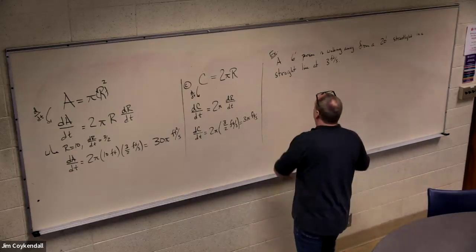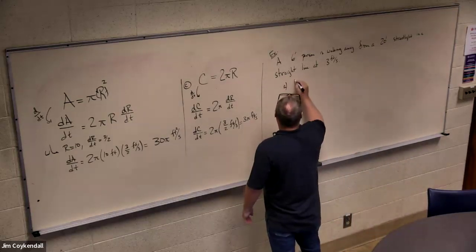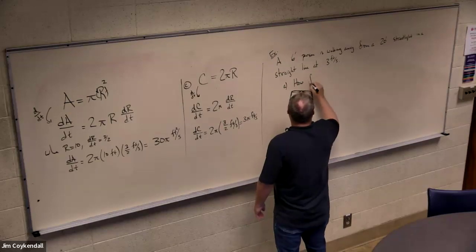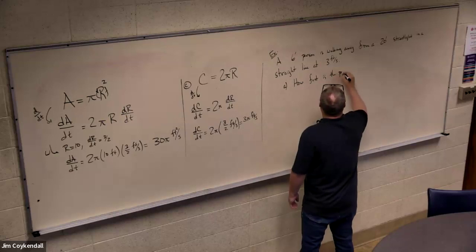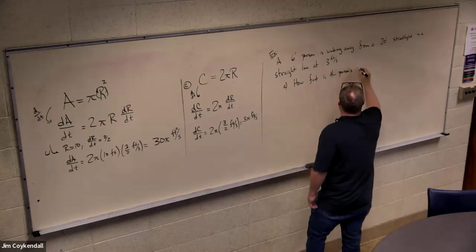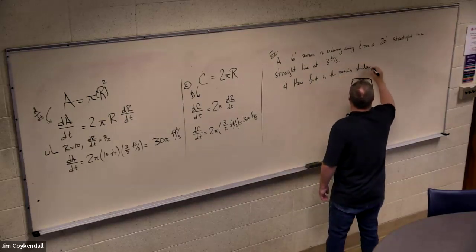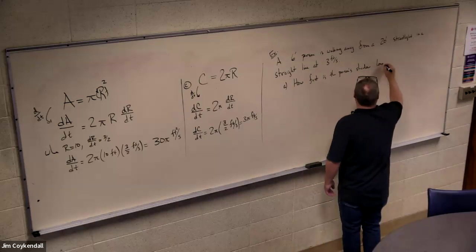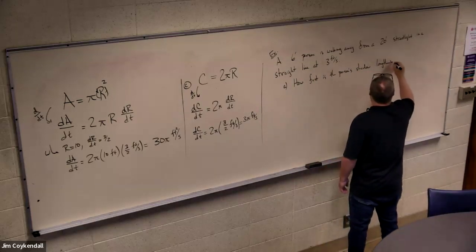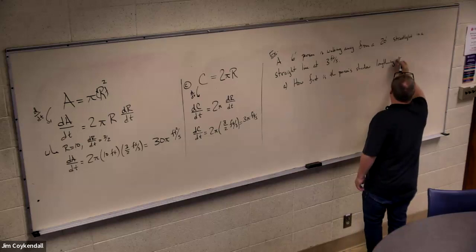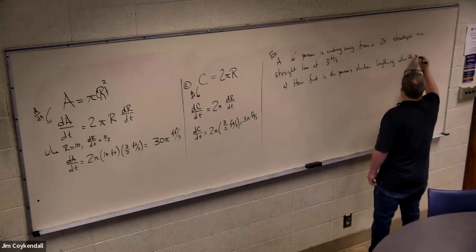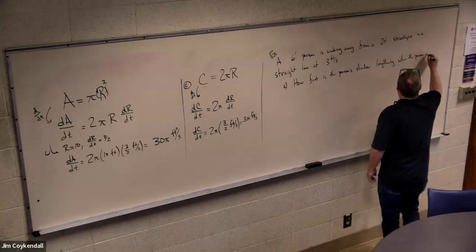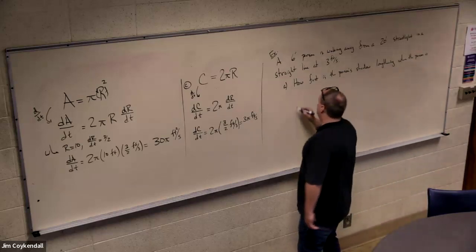I've got 2 questions. Number 1, how fast is the person's shadow lengthening when the person is 100 feet away?